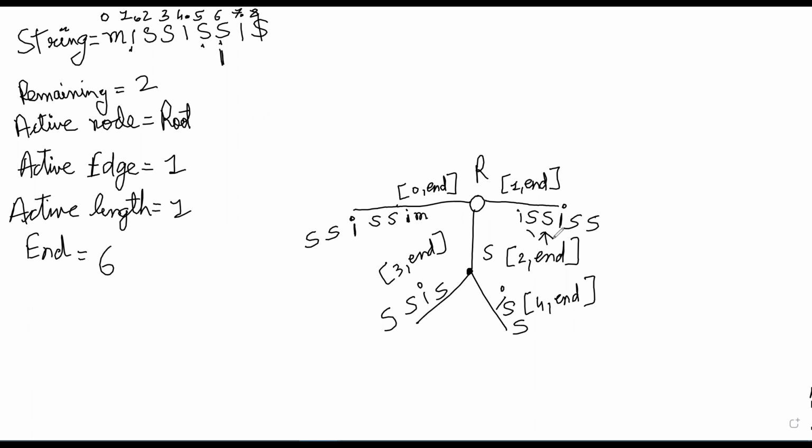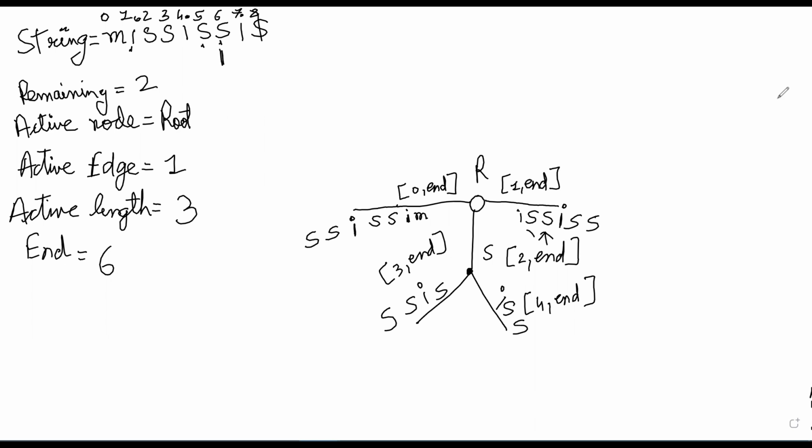Now we change our active length pointer from 1 to 3. So after changing our pointer, we know that we have hit the character which we were looking for.